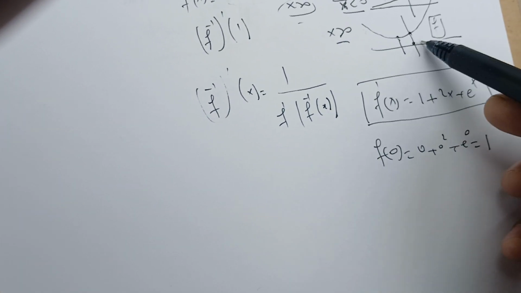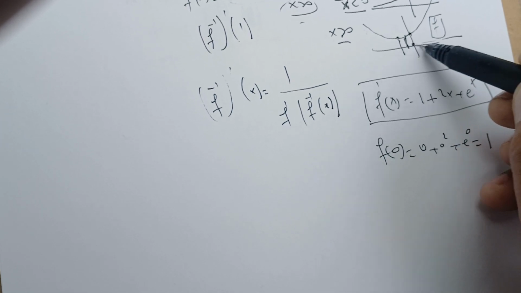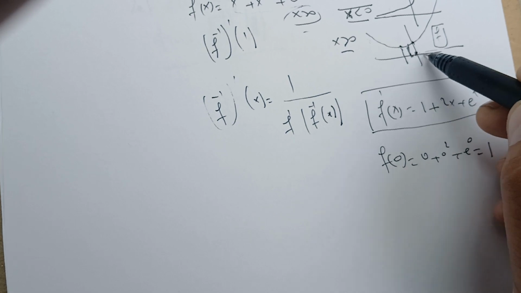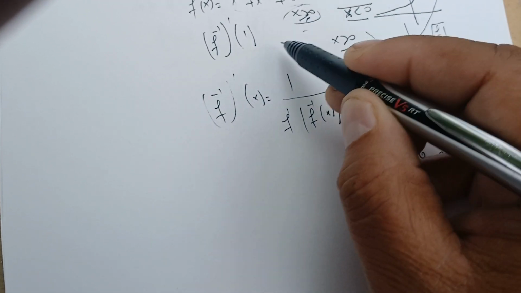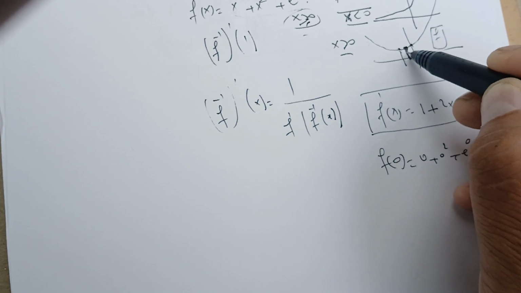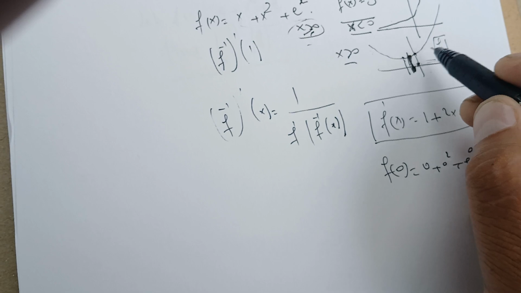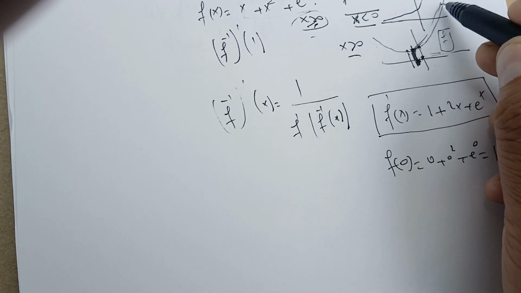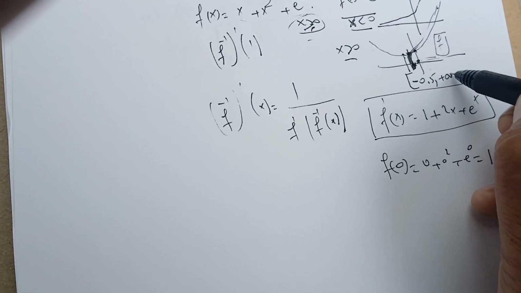Assuming that 0 is in this interval, let's assume that we are working from this point on, from the point where we have the graph, let's say minus 0.5 up to infinity.